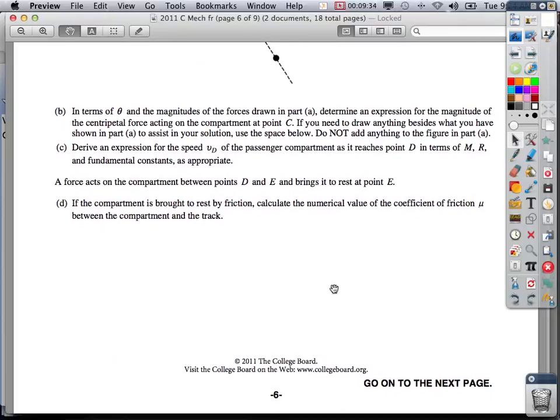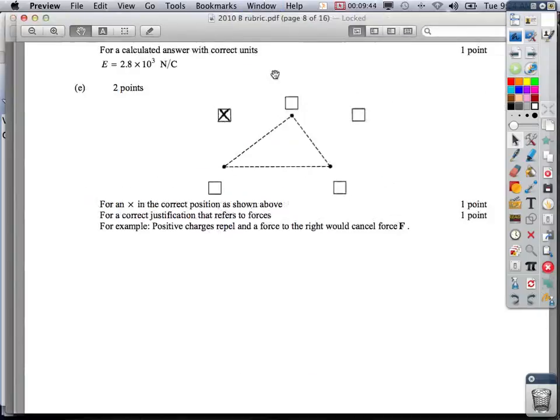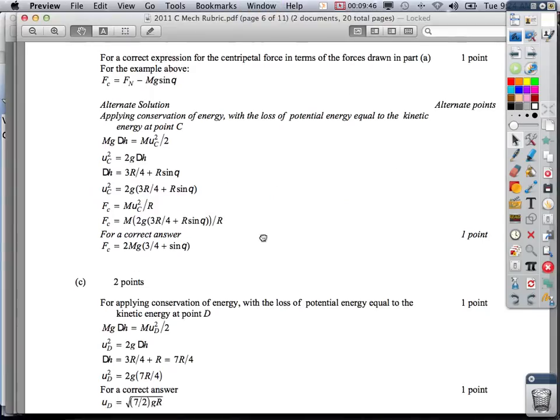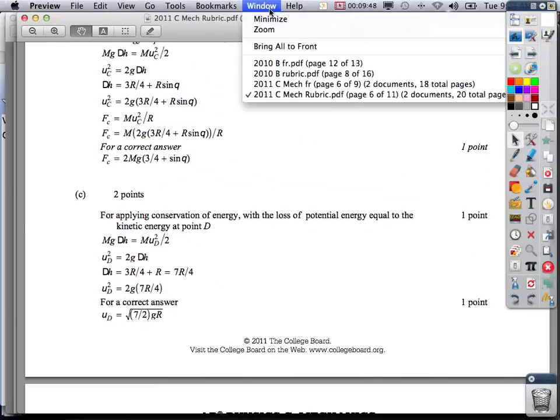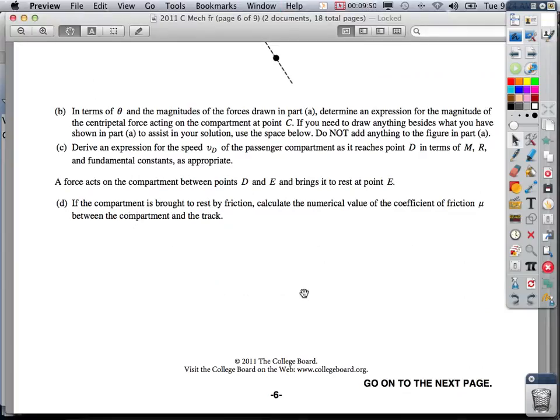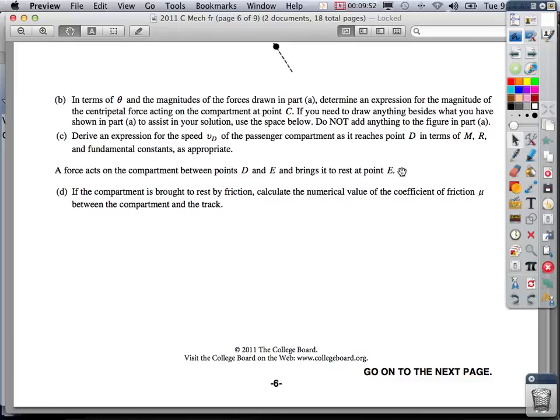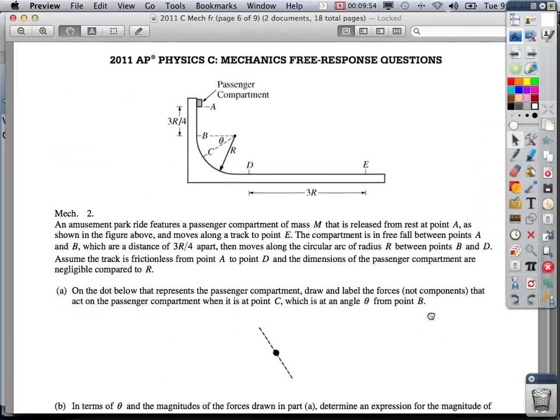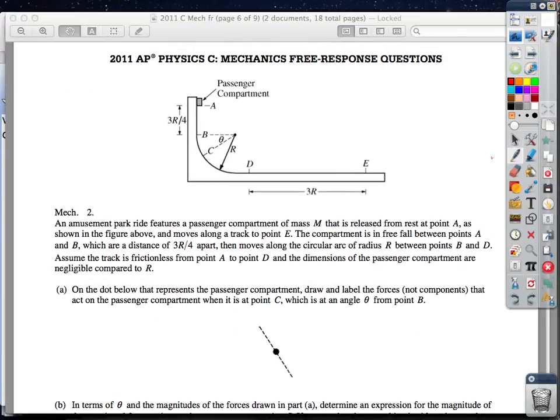That gymnastics one is kind of weird. All right. For C, derive an expression for the speed of the passenger compartment as it reaches D in terms of r. Was that? We weren't looking at C, were we? No, C is down there. All right. Yeah. So if we're looking for an expression for C, right?